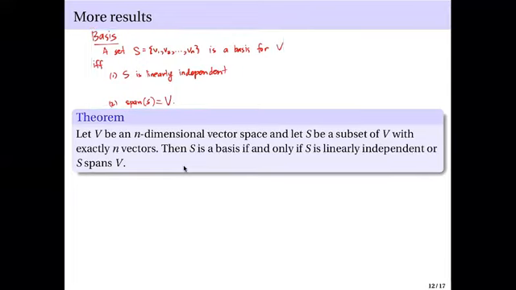This time, dimension of V is equal to n. Okay? So dimension of V equals n. The number of elements in this set S is also n. Okay? The theorem says you can just check this guy or this guy.